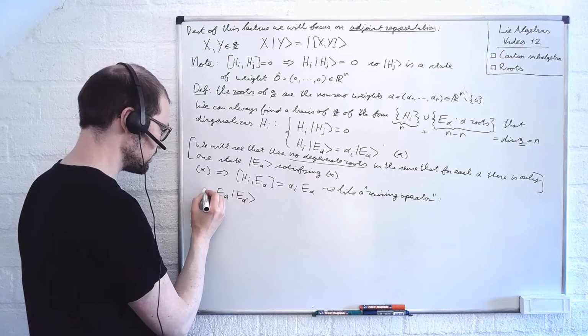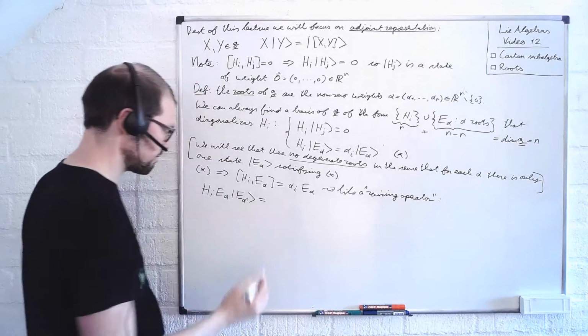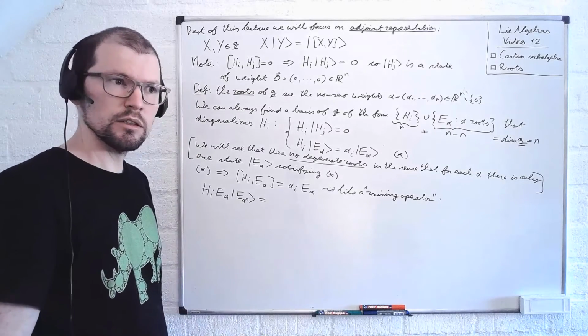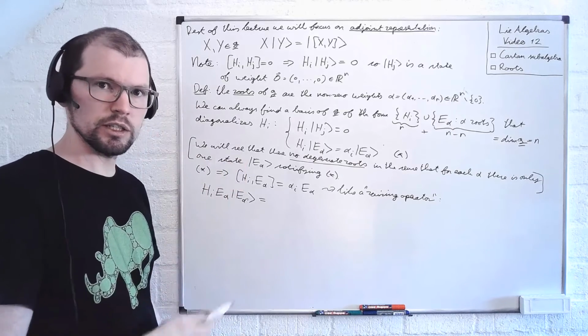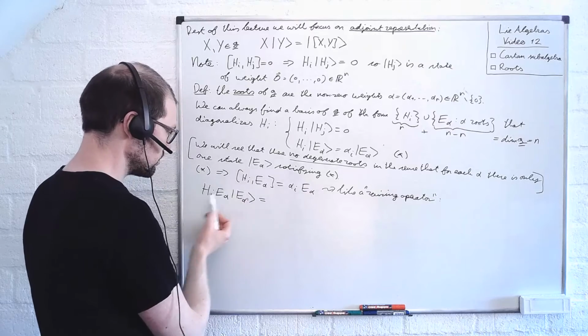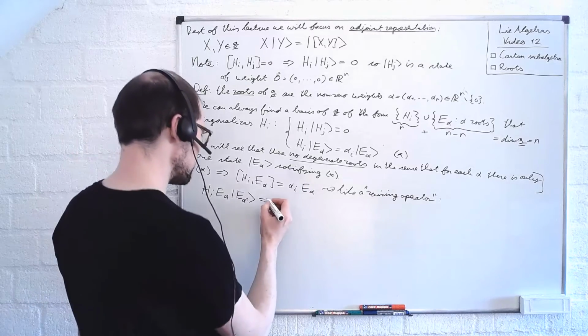So let's see. If I act with Hi on this, and this is really the same exercise that we did for SU(2) to see that J plus and J minus change the eigenvalue, what we do is insert this commutation relation.